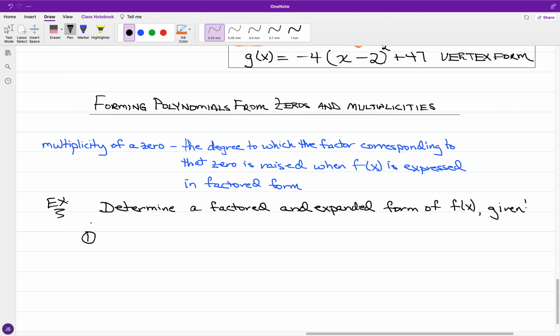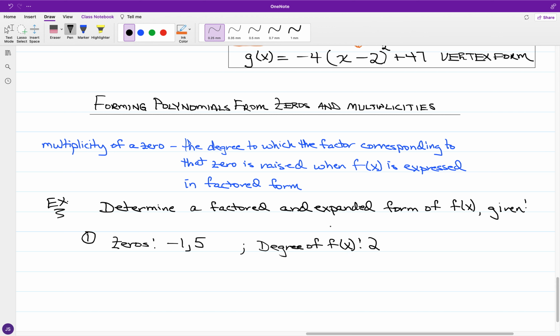First of all, we'll say we have just a couple of zeros. We'll say we have negative 1 and 5, and we'll say that for the degree of the function, we're just going to have this at 2.